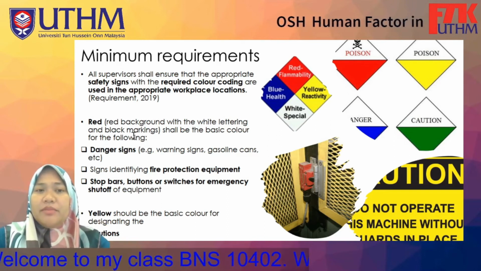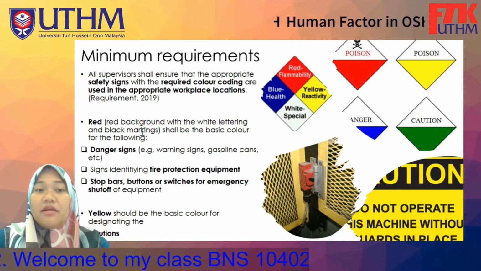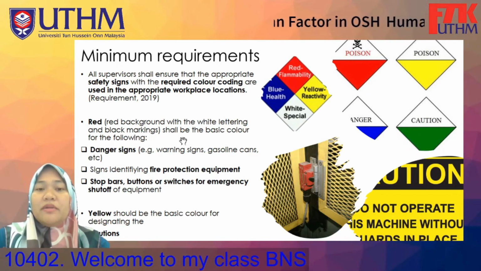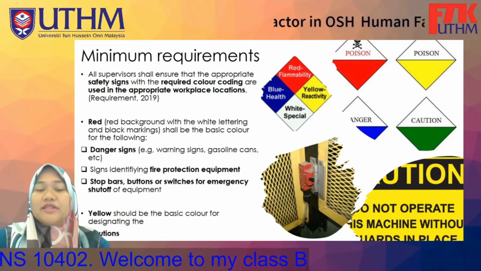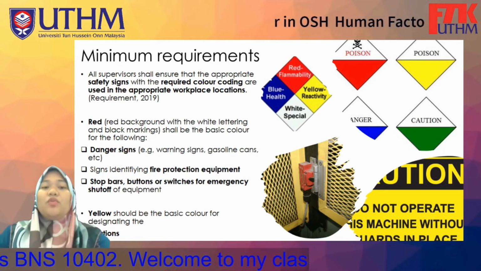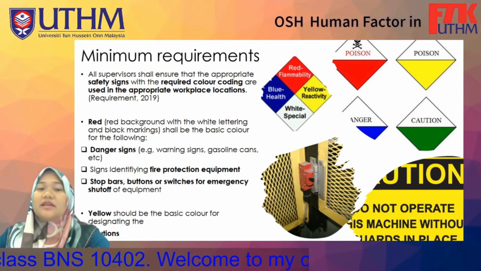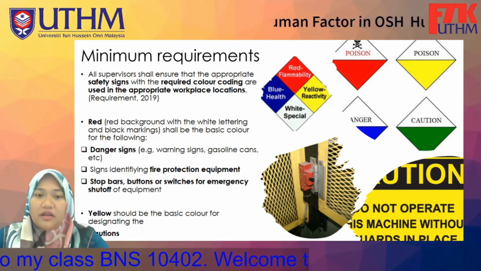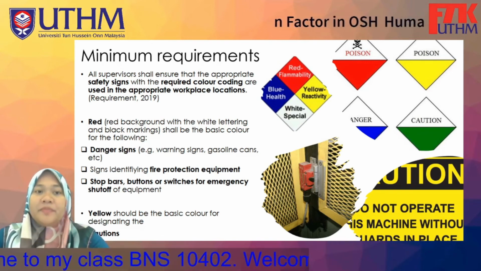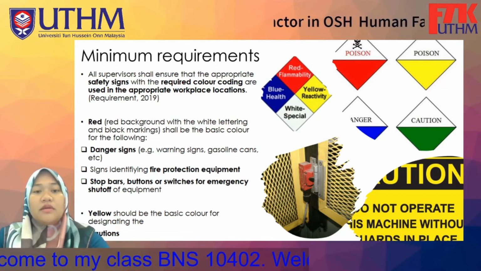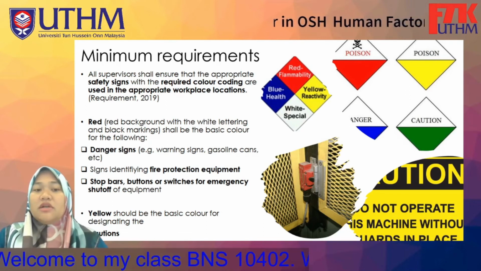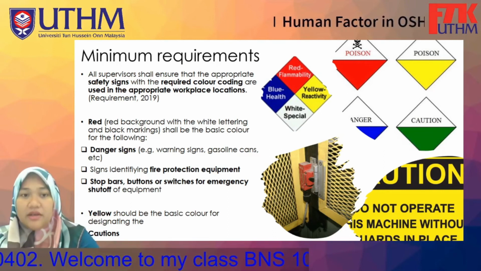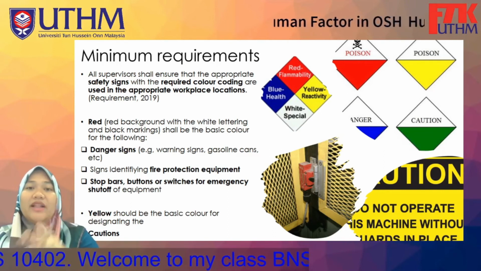For example, a red background with white lettering and black marking should be the basic color for danger signs, which are warning signs, such as on gasoline cans, and also signs identifying fire protection equipment, stop bars, and buttons or switches for emergency shut off of equipment. These use a red background with white lettering.